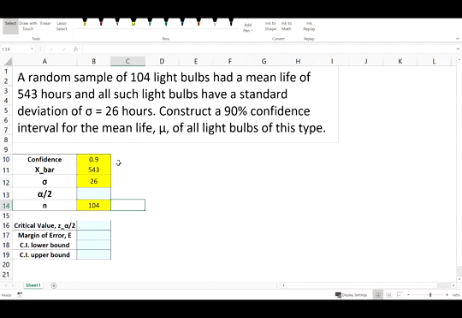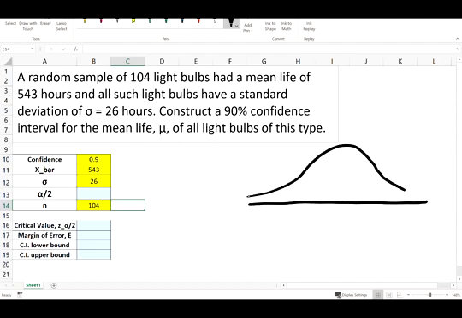Okay. So we're constructing a 90% confidence interval estimate, so we need critical values associated with a 90% confidence level. And so if we look at the normal distribution as our model, we have 90% of the area in the middle, and we have 5% on the right, 5% on the left.